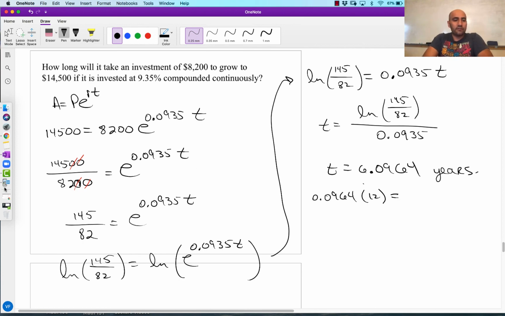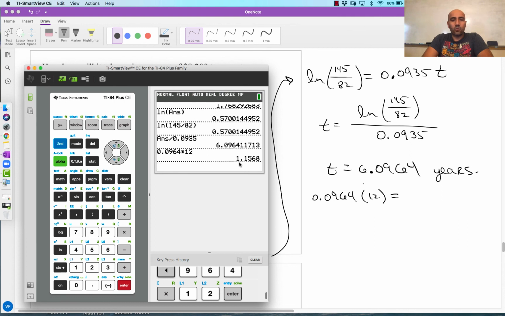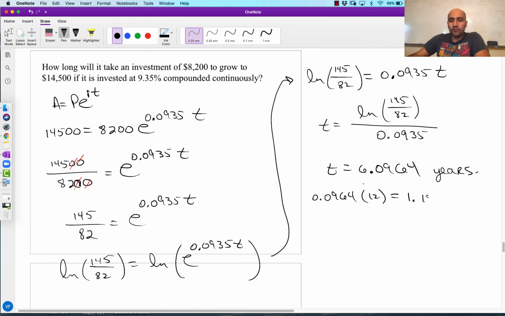Let's go back to our calculator. 0.0964 times 12 means that it's 1 month, and then there's 0.1568 months beyond the first month. So it's really 15% of the next month. So that'll be 1.1568 months.